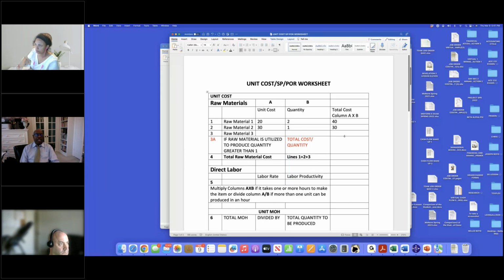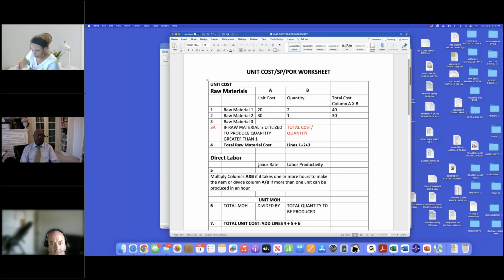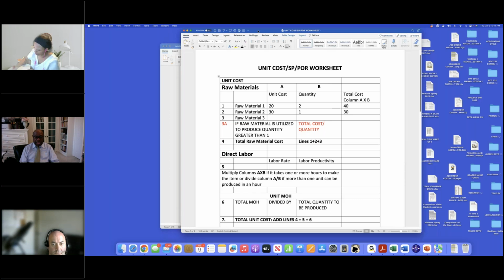Direct labor. What's our labor rate? 20 per hour. $20 an hour, okay? So our direct labor rate is $20 an hour. And we can make how many per hour? 4. So therefore, the unit cost of the labor we're going to divide, so it's going to be 5.